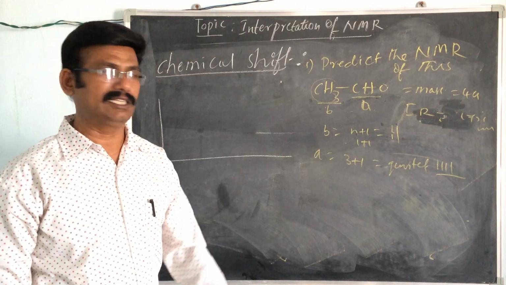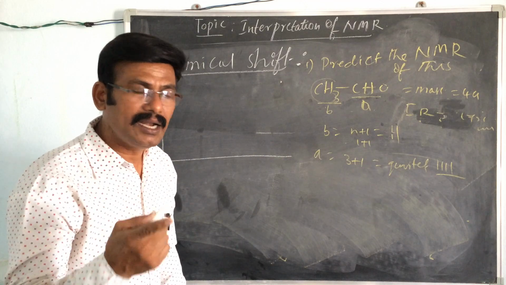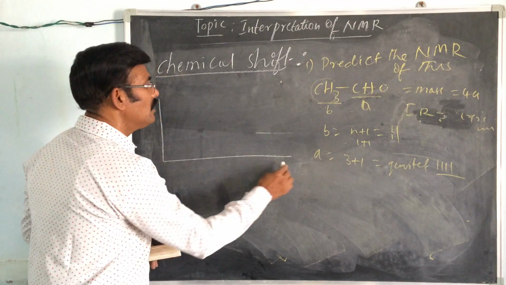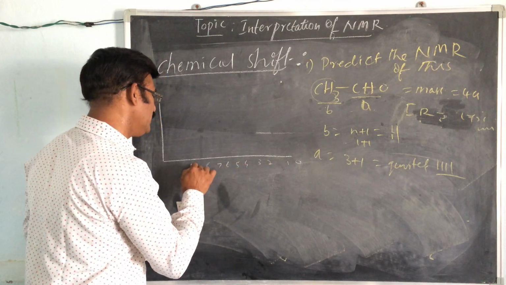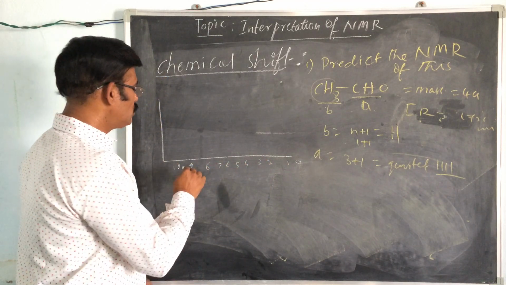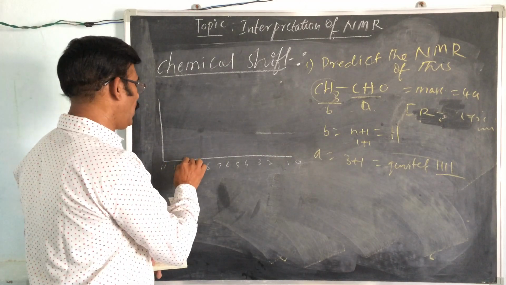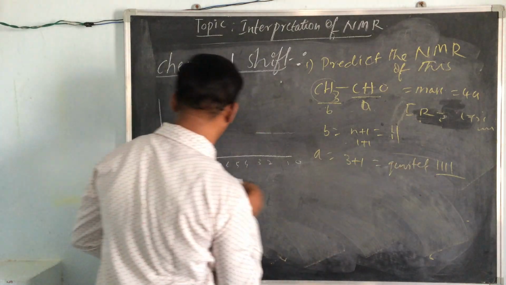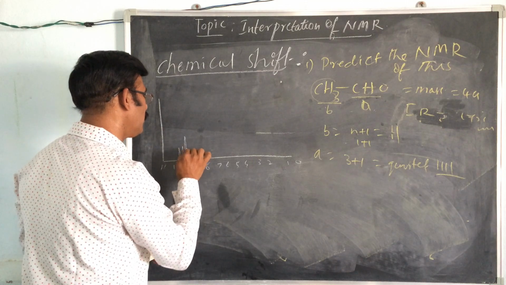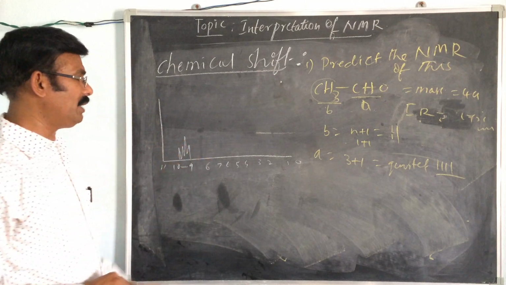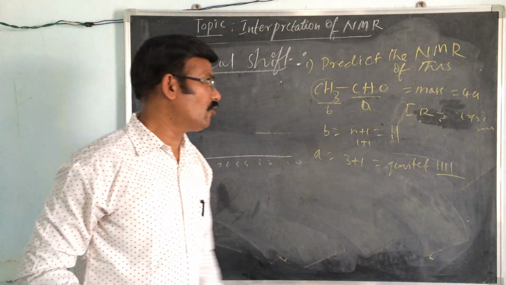Now come to the chemical shift. Here the CHO is there. CHO appears at 9 to 12. So 0, 1, 2, 3, 4, 5, 6, 7, 8, 9, 10, 11. At 9 to 10 the peak will be a quartet. So this type of peak appears for A, the quartet.